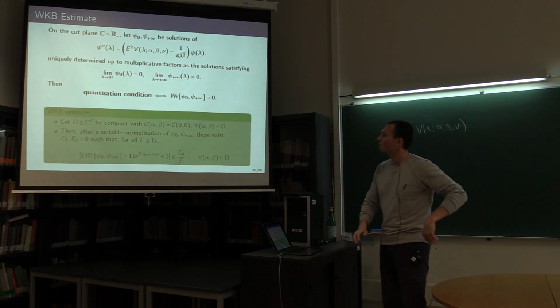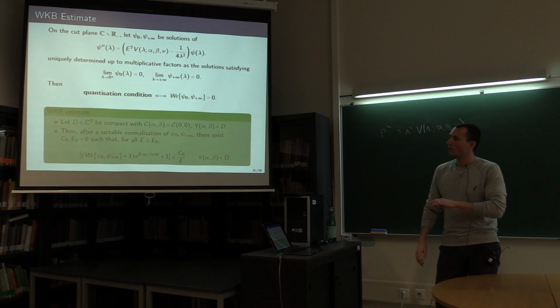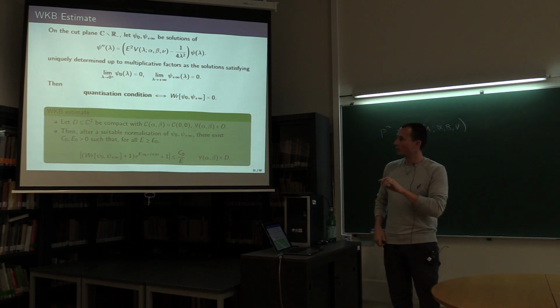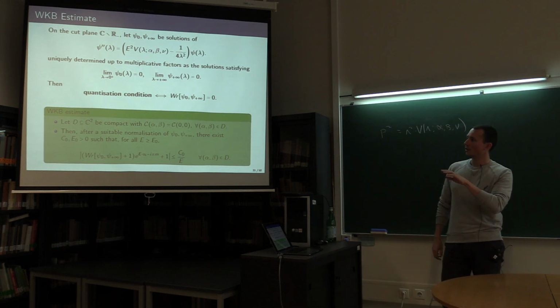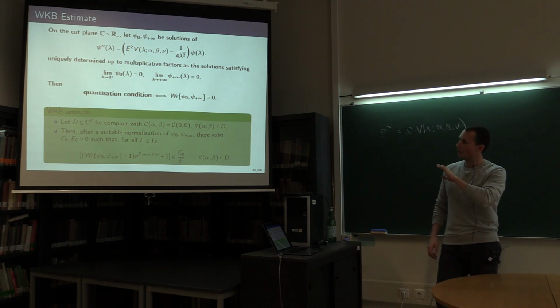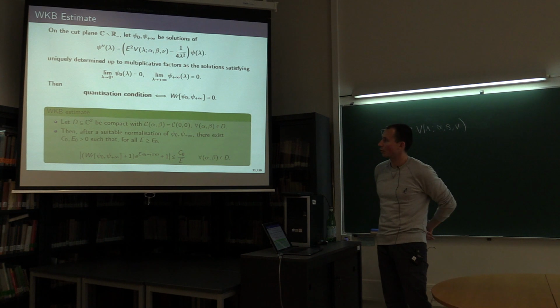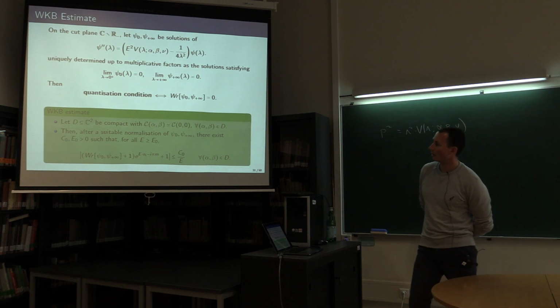And so we obtained the following WKB estimate on this Wronskian. So if you fix any compact set D, on which, for all alpha, beta in D, the Stokes complex, so the geometric condition, is satisfied, then after some normalization, we have the following estimate.